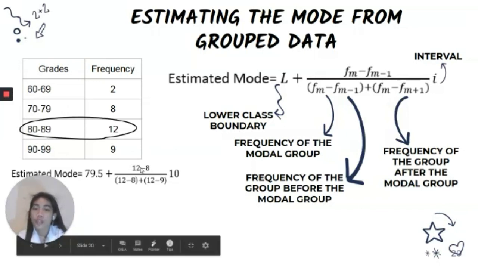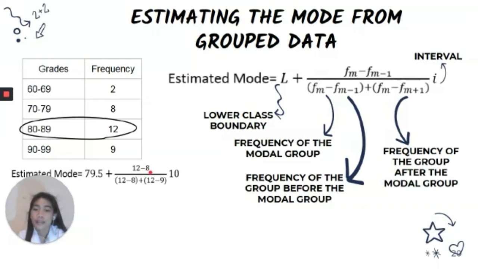Yung 12, ito yung frequency of the modal group. At yung 8, frequency of the group before the modal group. Di ba, ito yung modal group, which is 12. Ano yung frequency niya before ng modal group?